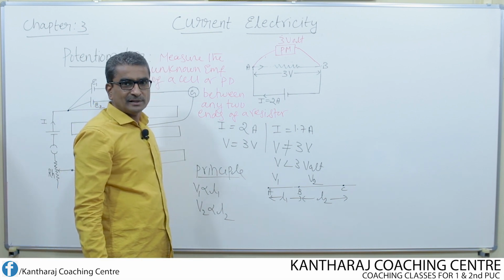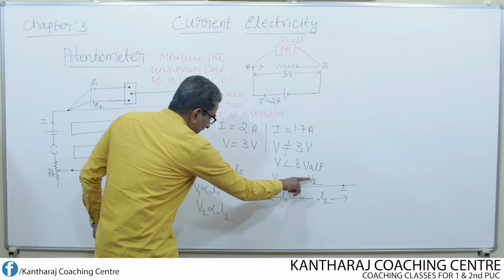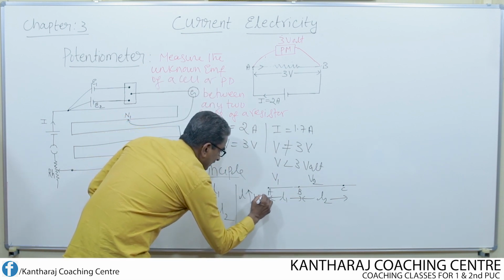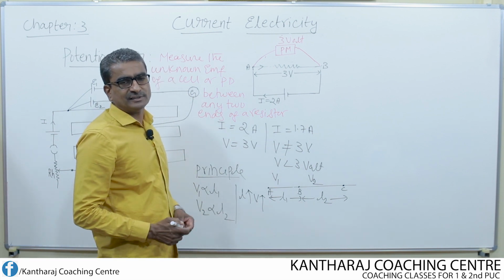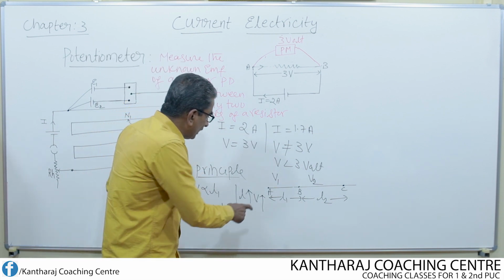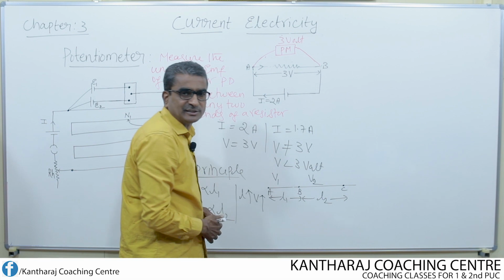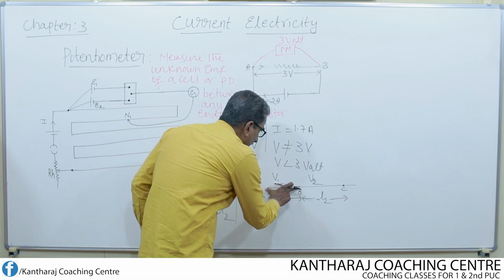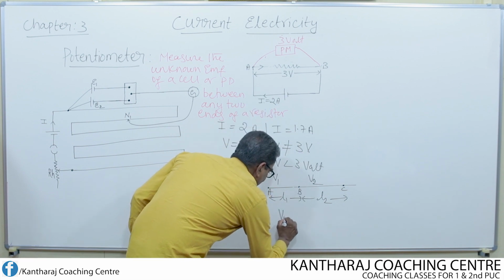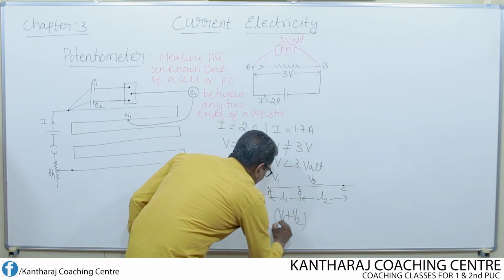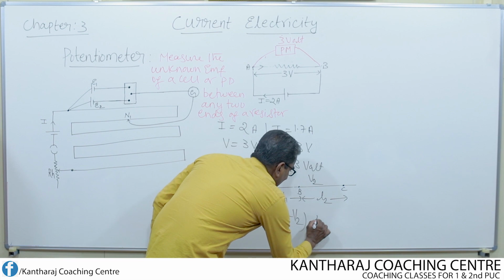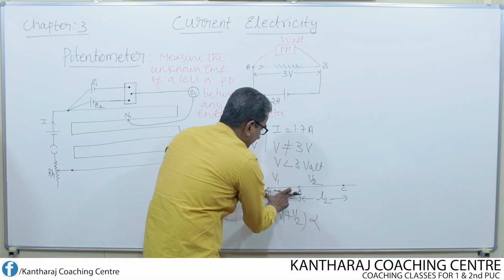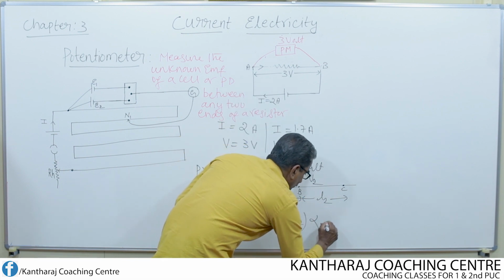So as the length increases, potential difference also increases. Suppose you want to find the potential difference between A and C. It is nothing but V1 plus V2. According to the principle, it should be directly proportional to the length between A and C, which is equal to L1 plus L2.